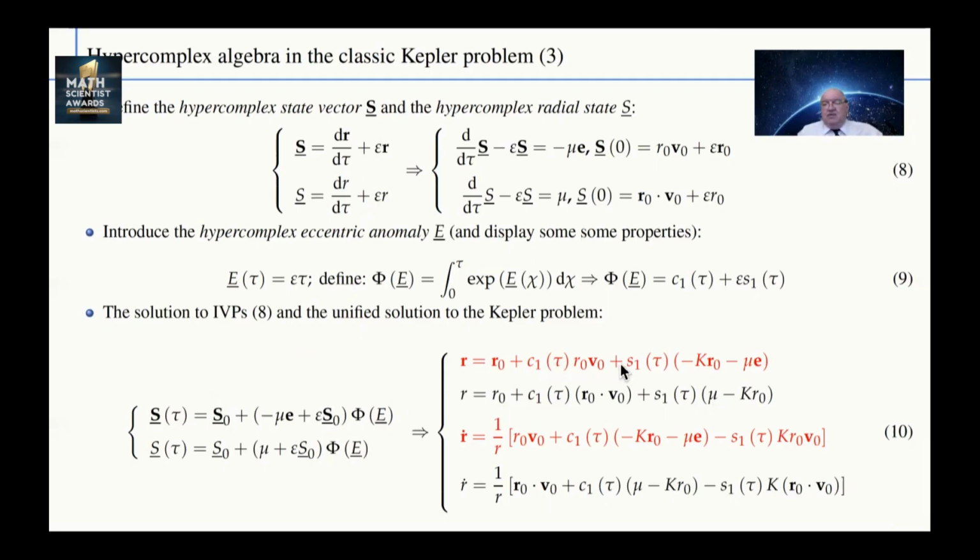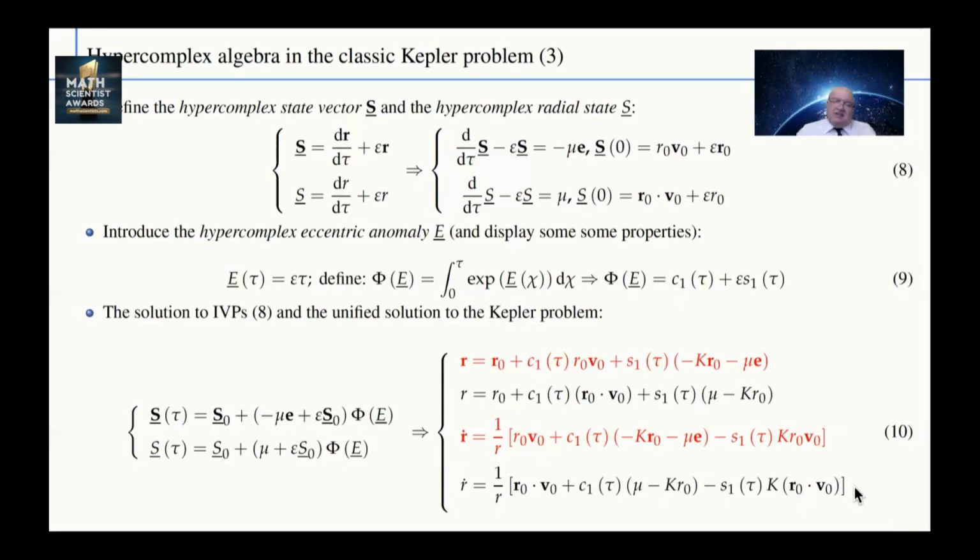from the imaginary part we obtain the law of motion of Keplerian motion, and from the real part of this hypercomplex state vector, we obtain the velocity of Keplerian motion, and also the radial state R dot.